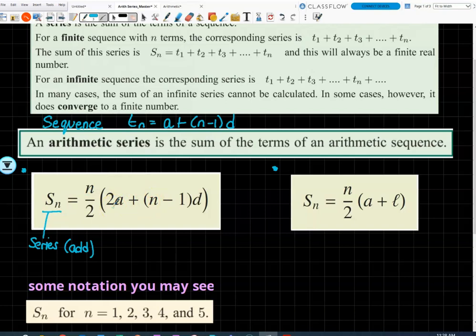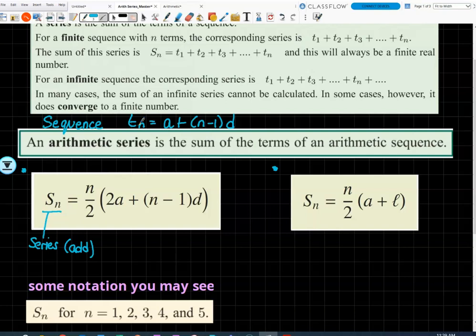You can also see it written as T1. And d is our friend, the difference. So nothing new to see here apart from Sn, that means you're adding up the terms. Tn, you're just finding what term it is. Make sure you don't confuse the two.